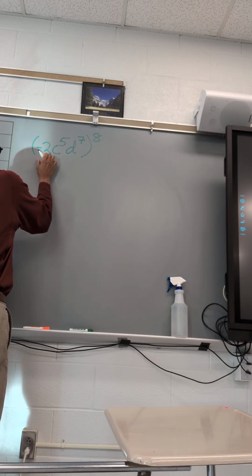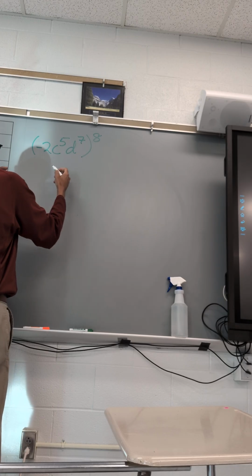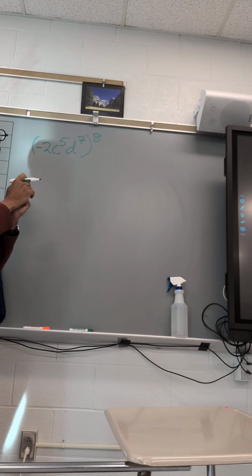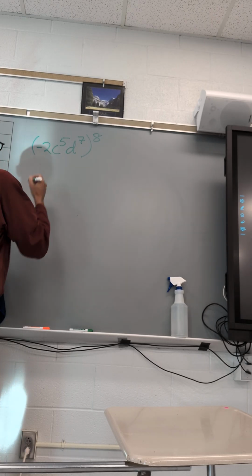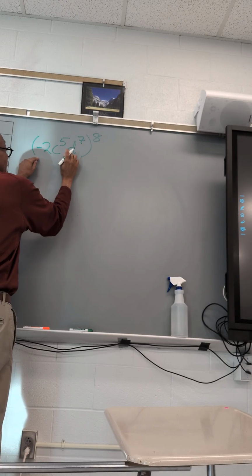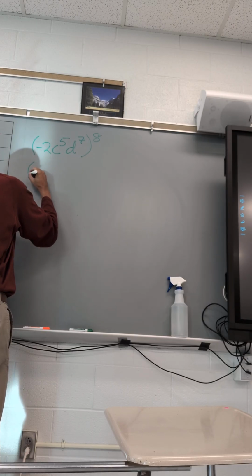My next step, which I always do to remind myself, is that I separate these into individual, quote unquote, I call them pods. So it's -2 times c to the 5th times d to the 7th. I kind of rewrite it like this, and I recommend you do this.